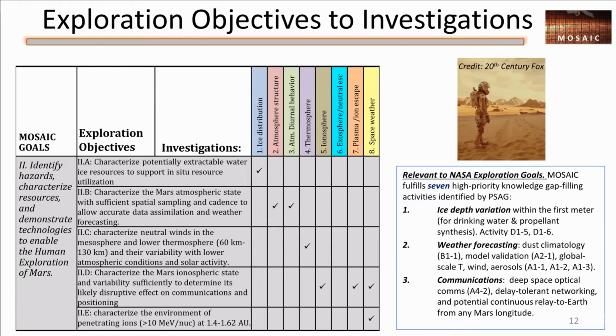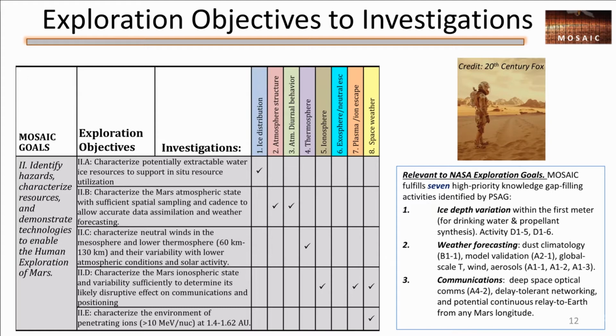As Wendy spoke about, the extractable water ice resources is an important one. Also to characterize the atmospheric state with sufficient sampling and cadence to allow accurate data assimilation and therefore weather forecasting. To characterize neutral winds in the mesosphere and lower thermosphere and the effect those might have on operations like EDL or perhaps even aerocapture.